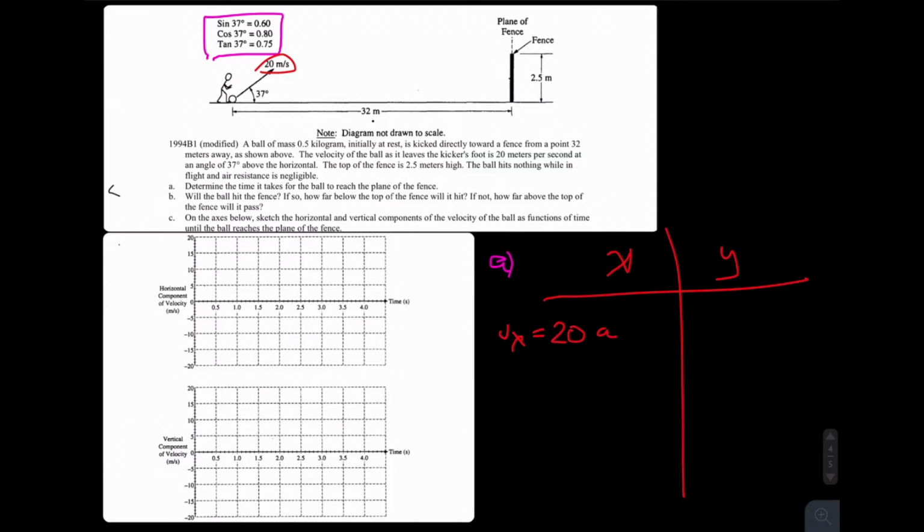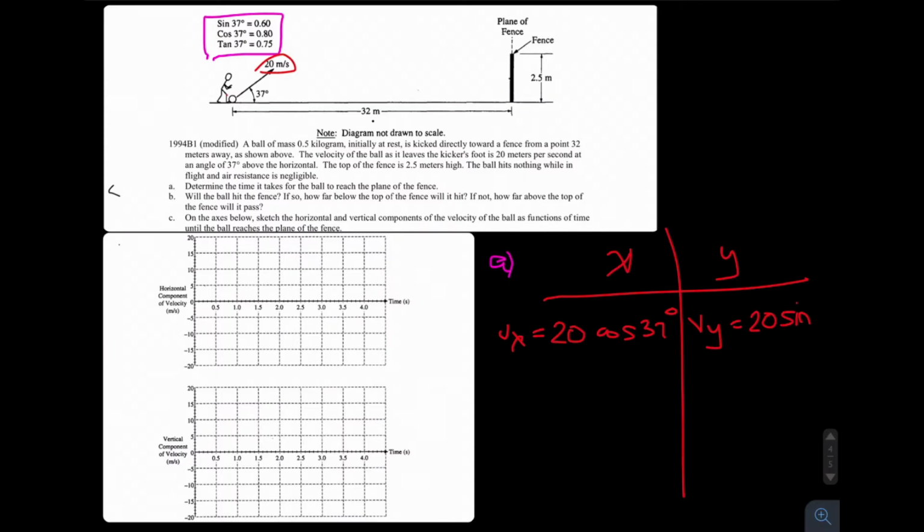Remember, in the X direction you use cosine, in the Y direction you use sine, right? Depending on what angle you get, sometimes it's really weird, and that case would be sine, but you could always get to this angle, just 90 minus whatever this is. Anyways, getting off track there. Vy here would be 20 sine 37, right?